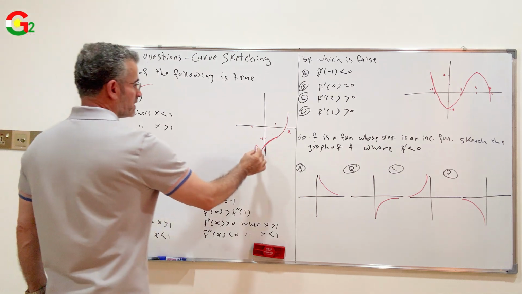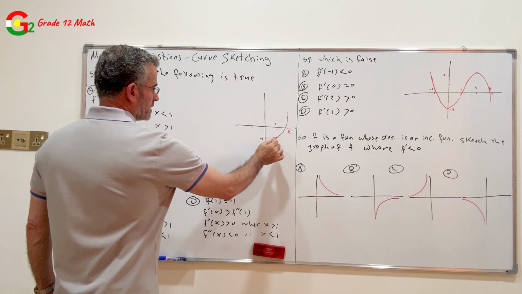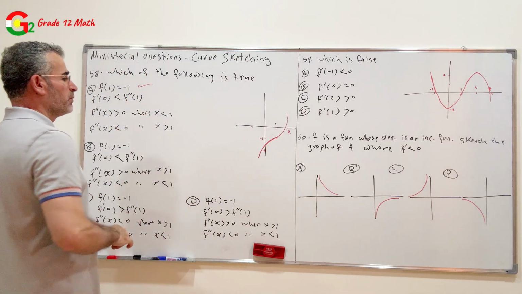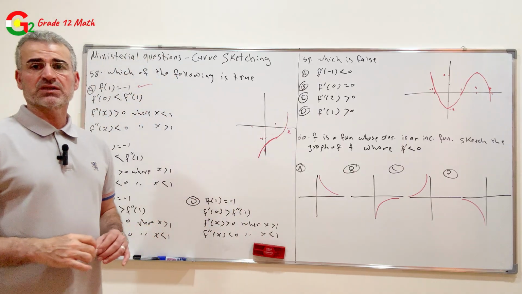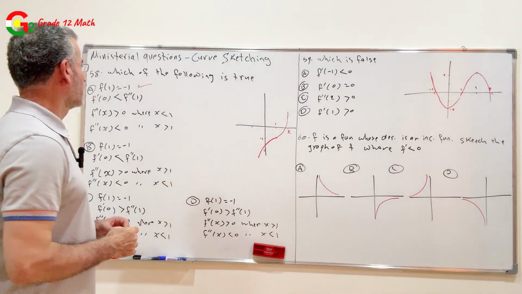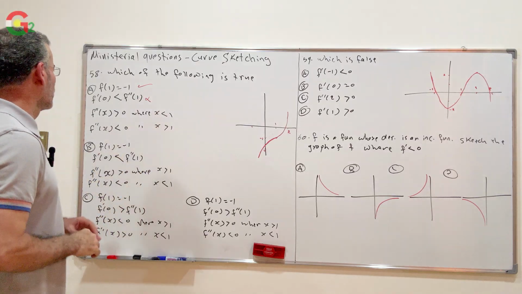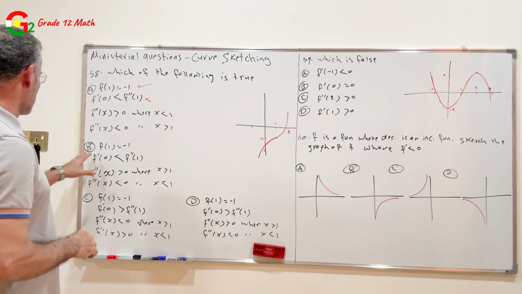F prime of 0 is a positive value since the function is increasing, but f double prime of 1 is 0 since the function has an inflection point at 1. Therefore, this statement is wrong. Therefore, A is not the right choice.